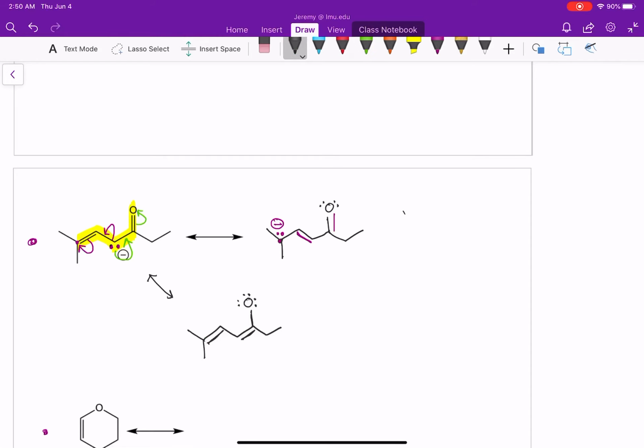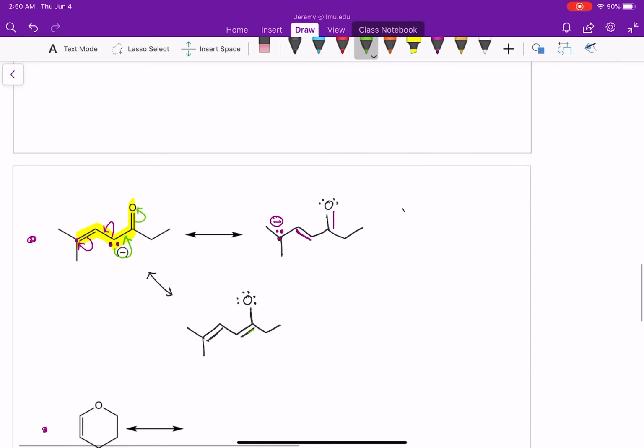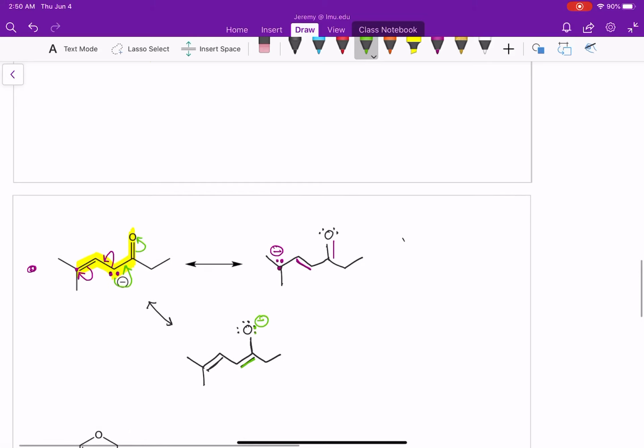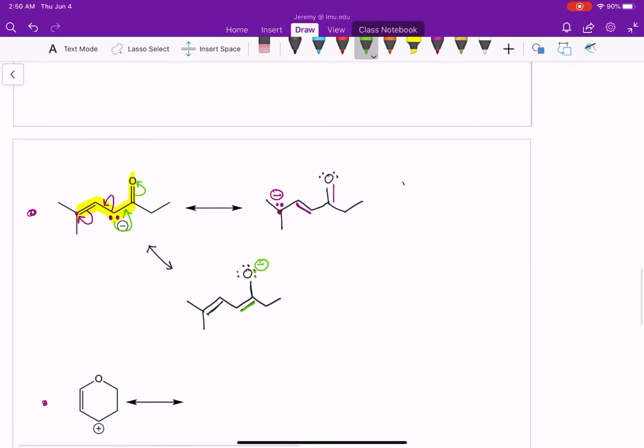Let's make that extra lone pair green, and that means that the O has a minus charge here.